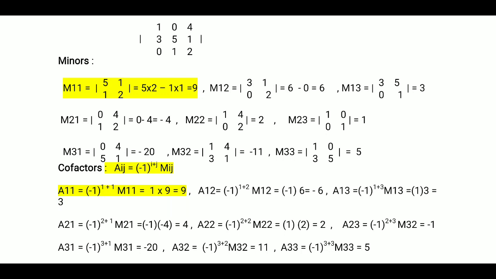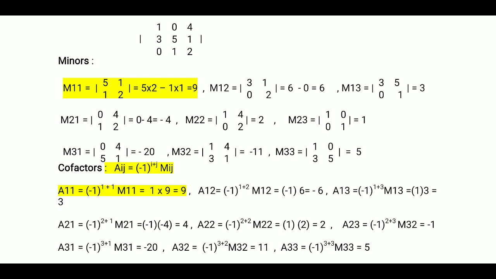And in this manner we can find A12. A12 is minus 1 power 1 plus 2 into M12. So that is minus 1 power 3, that is minus 1, into M12, which from above is 6. So it is minus 6.